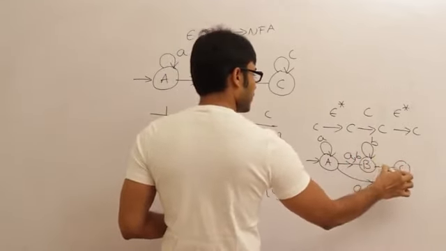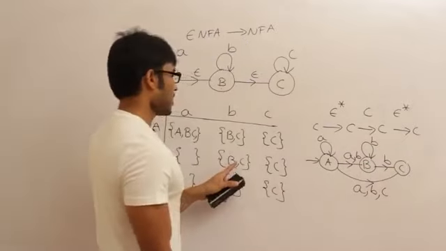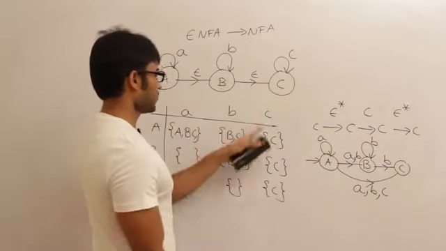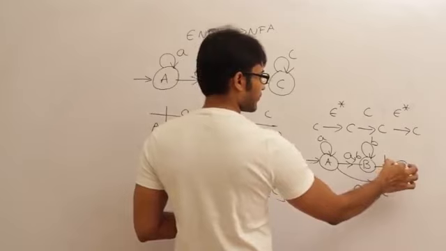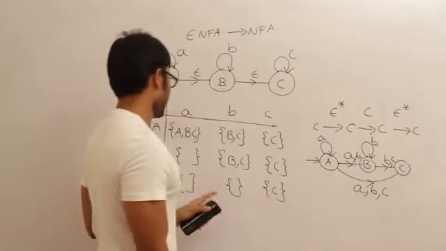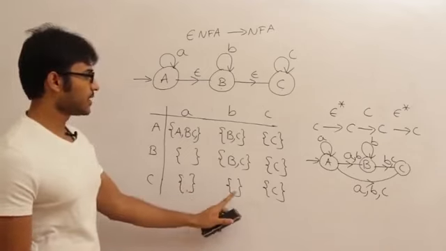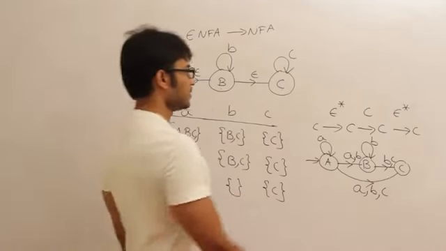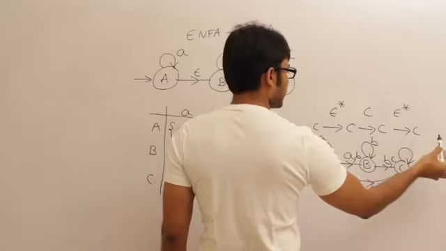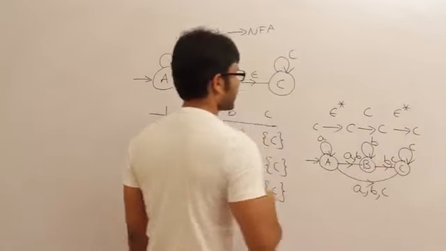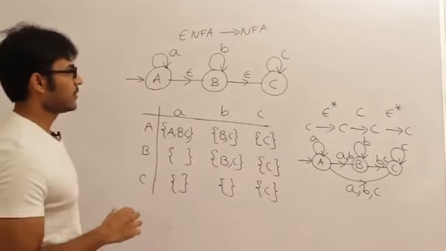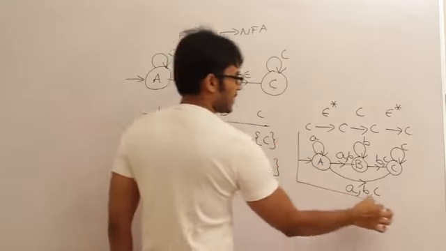And capital B on small c is going to C. What about capital C? Capital C on A doesn't have a move, capital C on B doesn't have a move, but capital C on c will have a move, which is C. Fine. So this is how the NFA has been constructed.